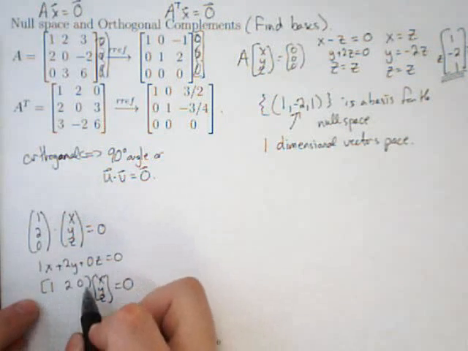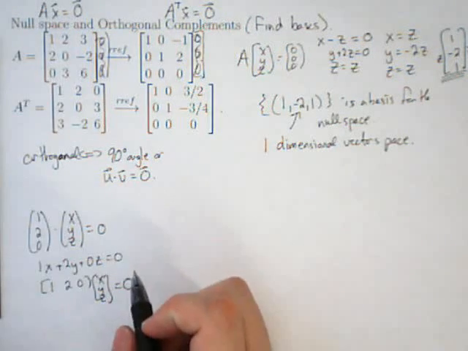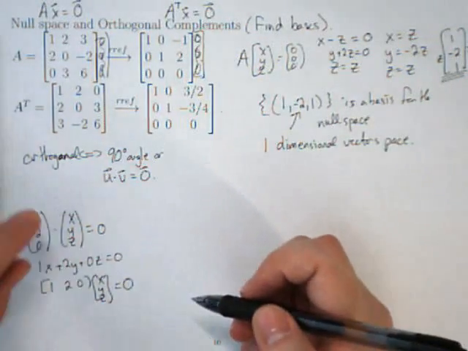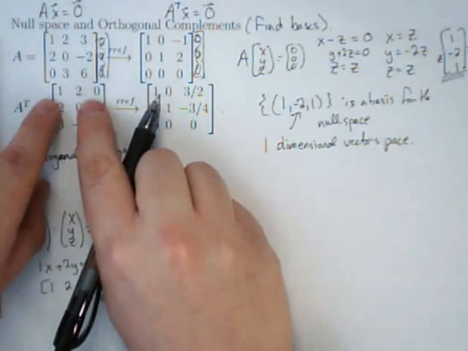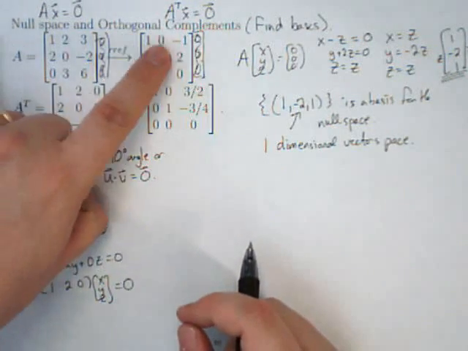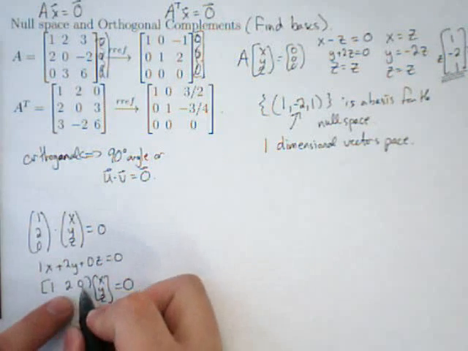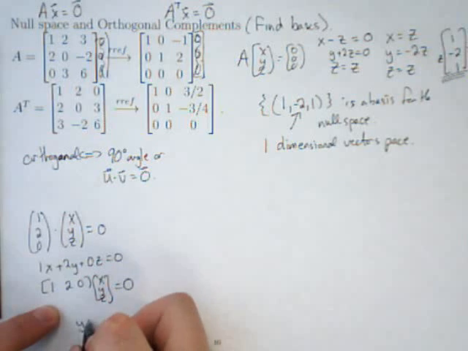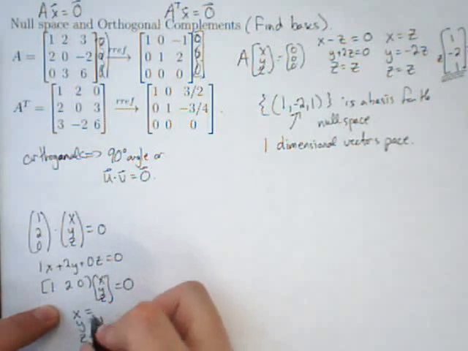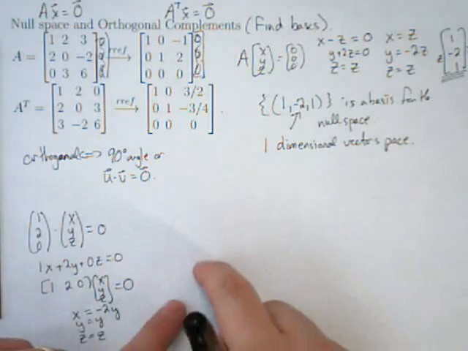Hold on, wait a minute. A matrix times a vector equals 0. That's a null space problem. But notice that my column 1, 2, 0 got turned on its side. I basically transposed it, which is why we're transposing things when we look for orthogonal complements. The null space here has two free variables, y and z. So y equals y, z equals z, and x equals negative 2y. I take the 2y onto the other side.